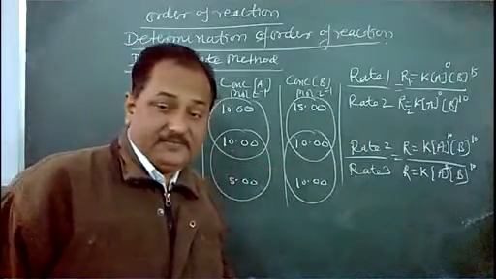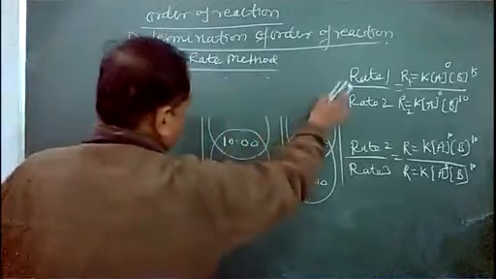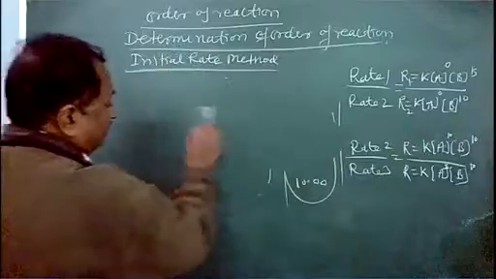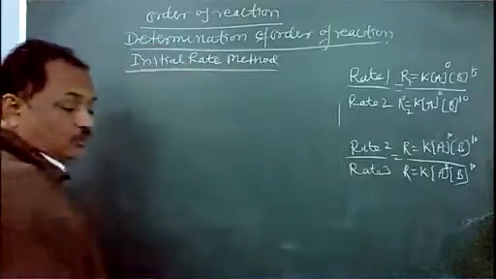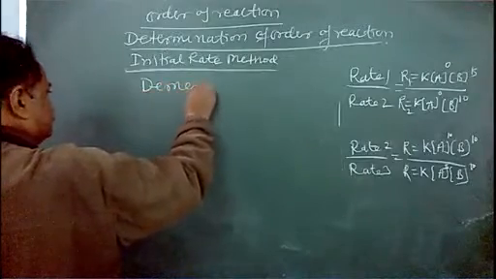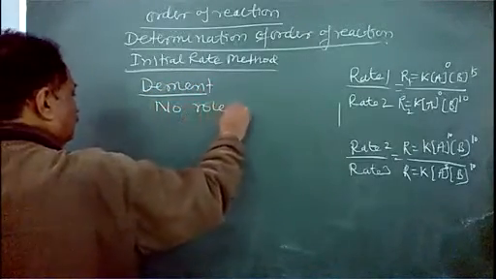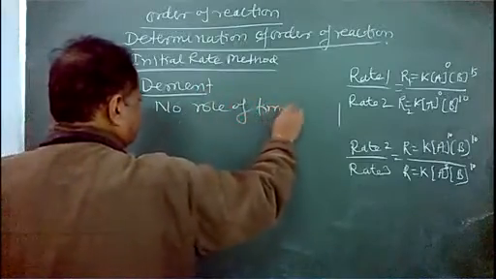So this is the initial rate method. Now children, the initial rate method has some demerit: there is no role of time.